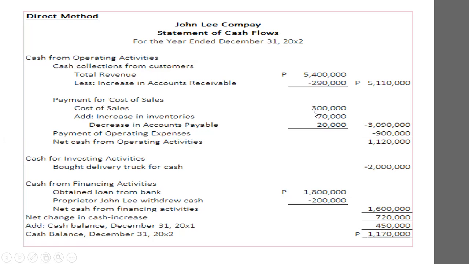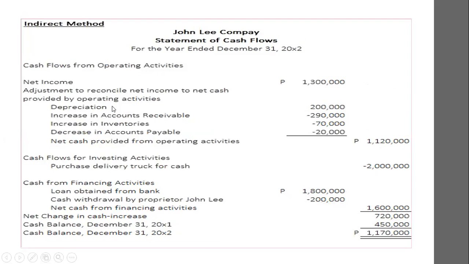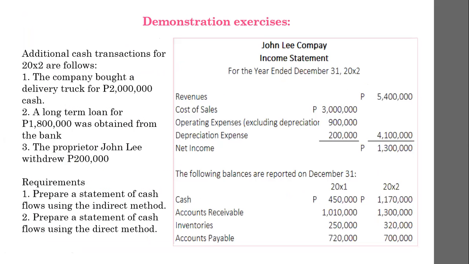Baka ma-confuse po kayo. And sana mapanood to ng iba, kasi baka ma-confuse sila dun sa naging solution. Bakit naging 3,090,000? Kasi yung cost of sales natin based sa demonstration exercise, 3 million po talaga. Okay? So, next po.